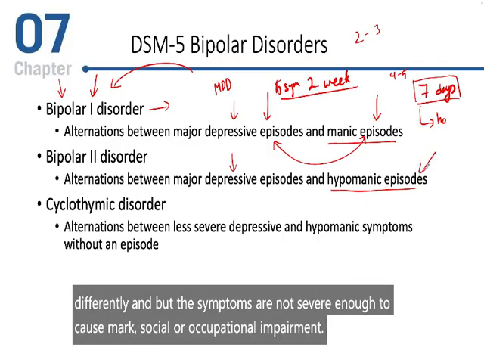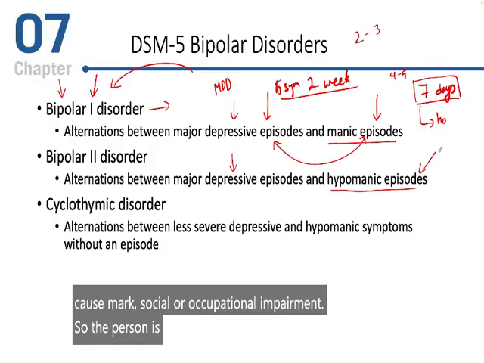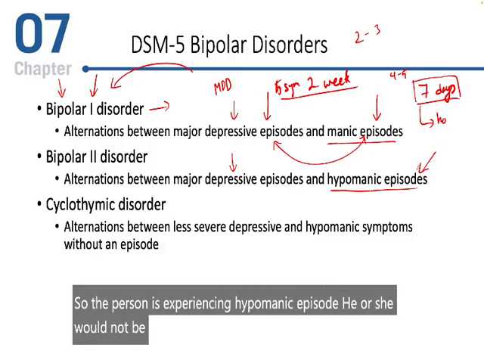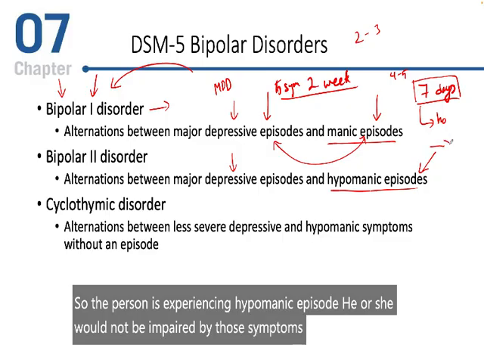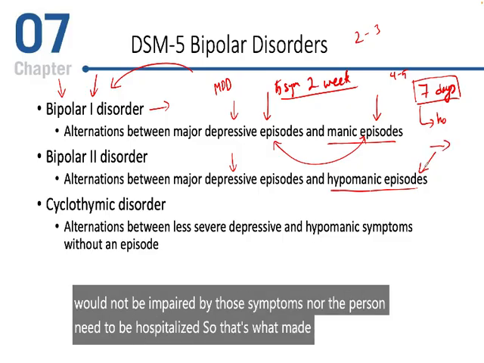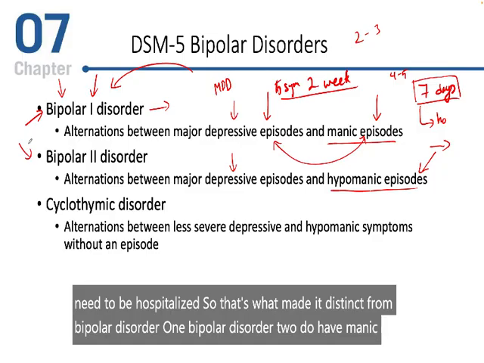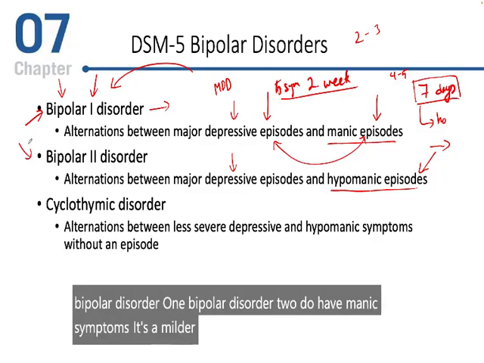So the person experiencing a hypomanic episode would not be impaired by those symptoms, nor need to be hospitalized. So that's what makes it distinct from bipolar disorder 1. Bipolar disorder 2 does have manic symptoms. It's milder, not debilitating, not impairing, nor hospitalizing.